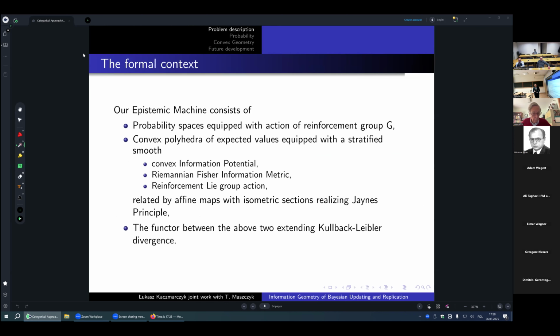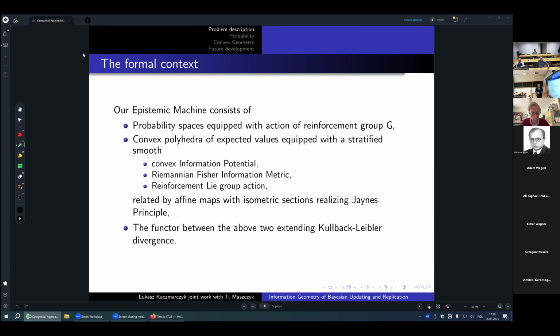Okay, so now that we more or less know what we'll be dealing with, let us look at the formal structures that will be necessary for our epistemic machine to make it a mathematical object.